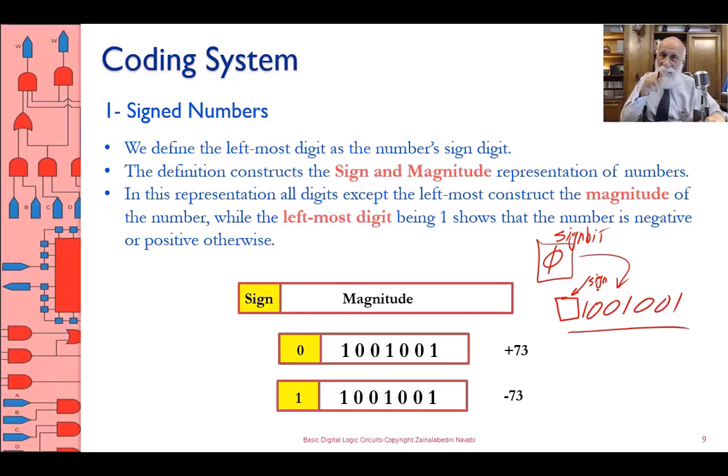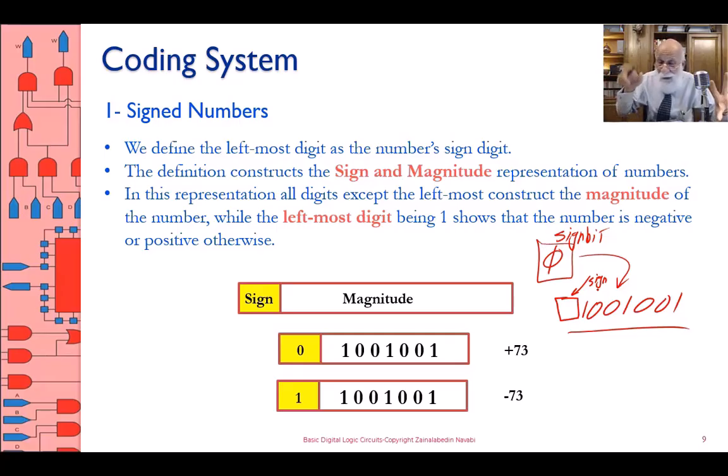But then, if it is a sign bit, how do I not get it confused with the regular bits of the number? Okay, that's where word length comes in. Before saying this is a sign bit, I have to decide how many bits this entire number has. Okay, so here I'm saying this is an 8-bit signed number.